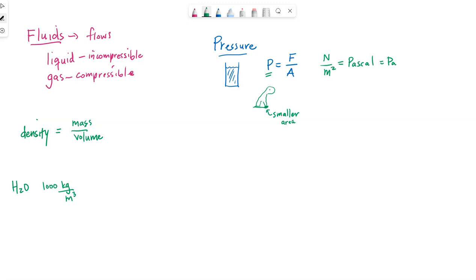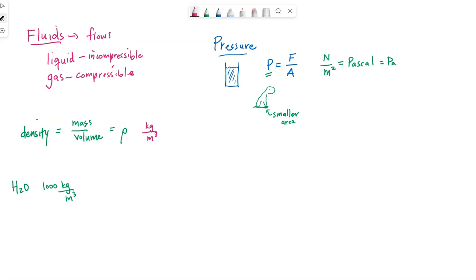The symbol we use for density is the Greek letter rho, which you want to be careful because we don't want to confuse that with P for pressure. SI units for density are kilograms per cubic meter.